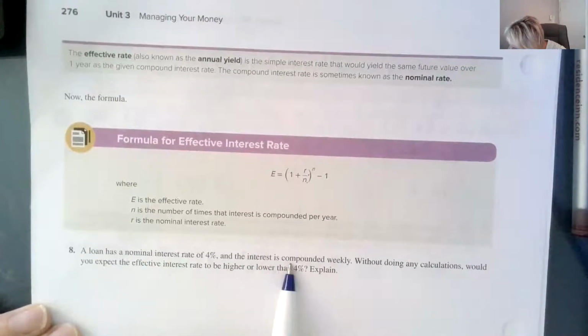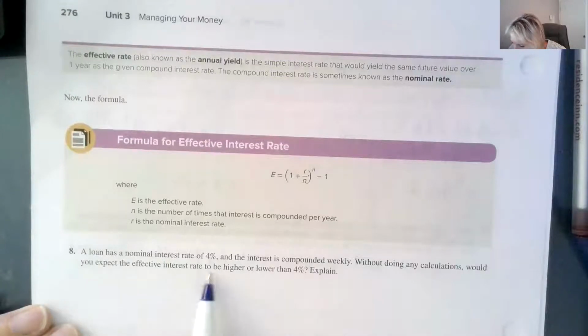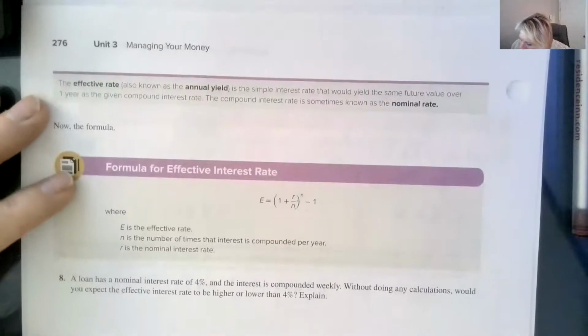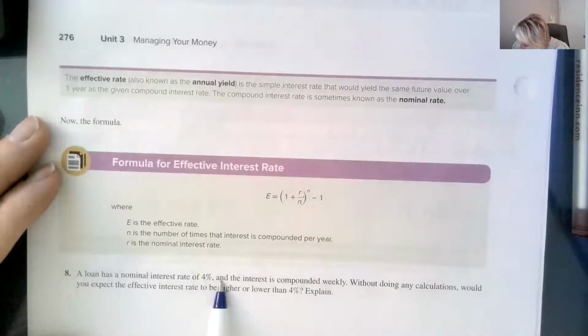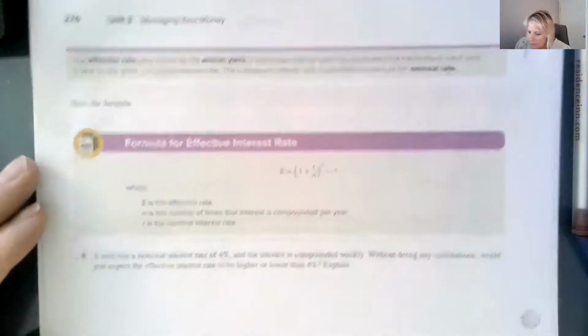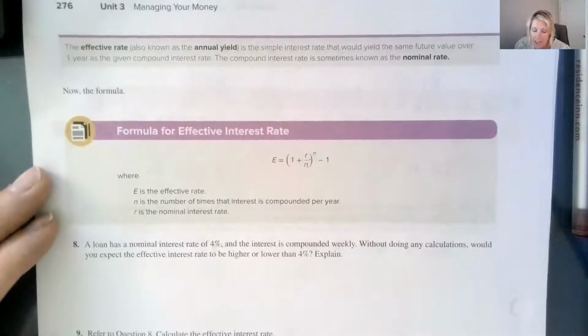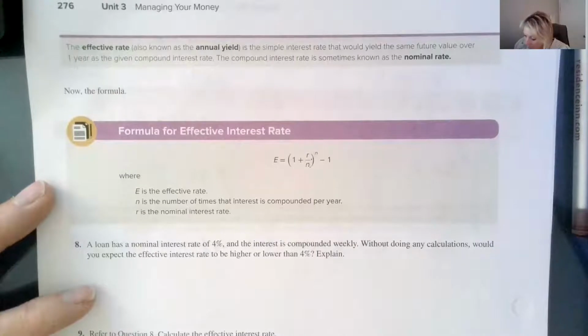So A says a loan has a nominal interest rate of 4% and the interest is compounded weekly.